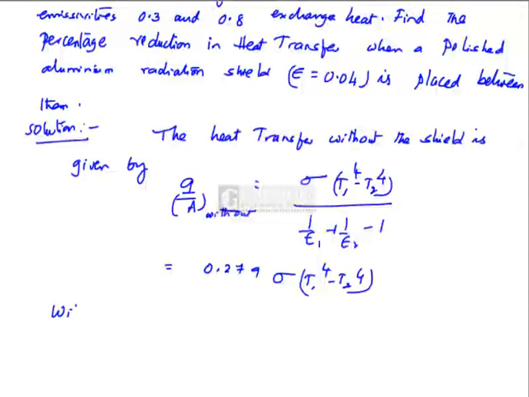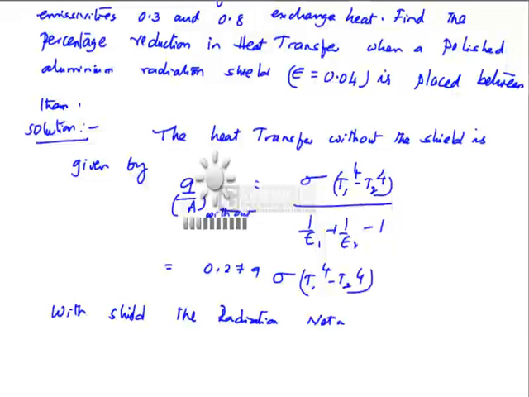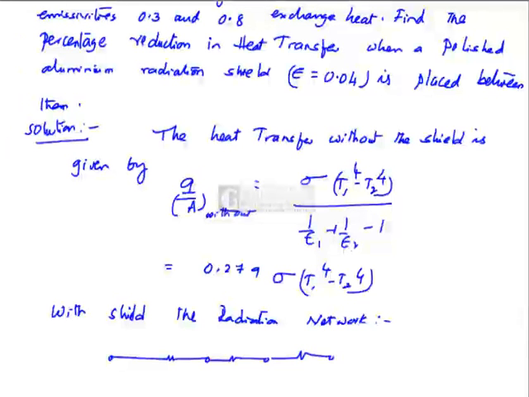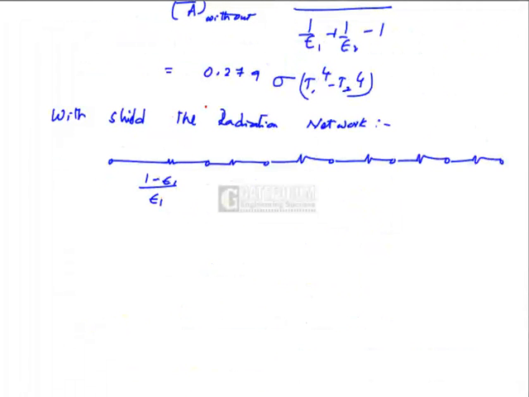Now, with the shield, the radiation network is given as, we'll be having 6 resistances: 1 minus epsilon 1 by epsilon 1, taking all the areas. A1, A3, A2, where 3 is the shield.